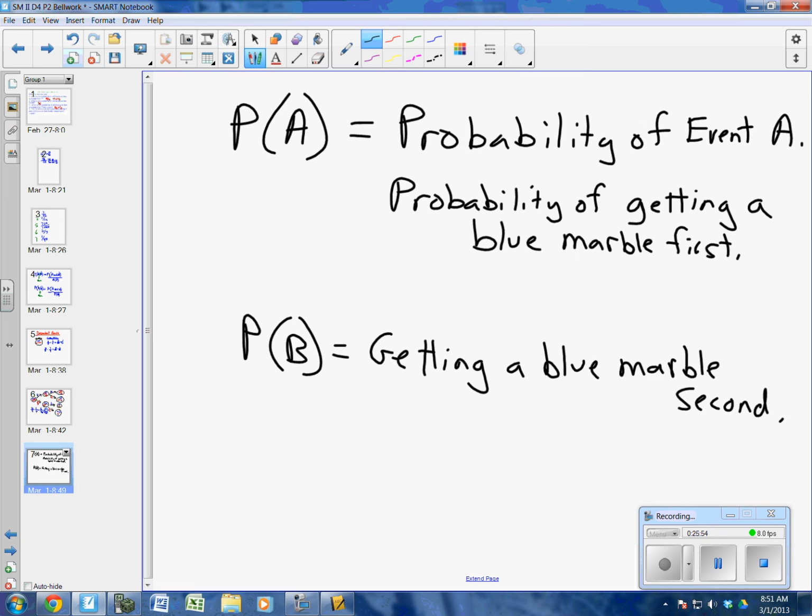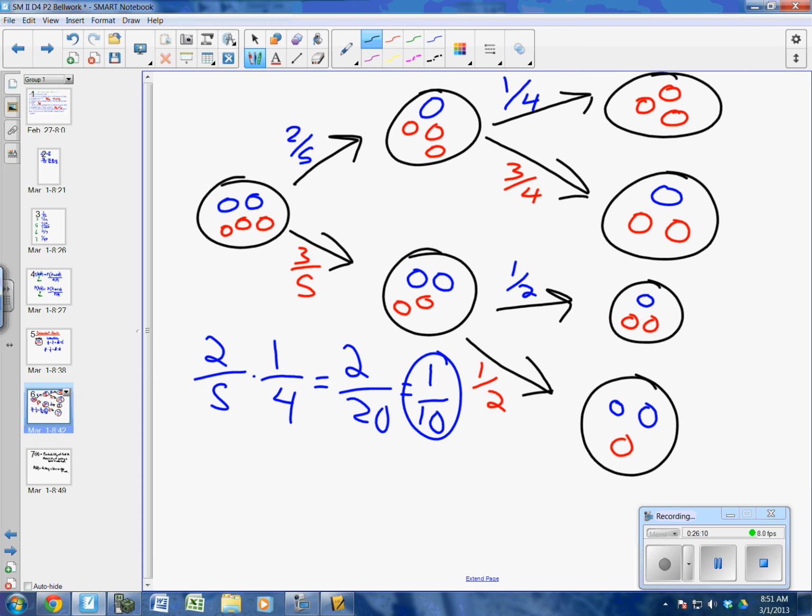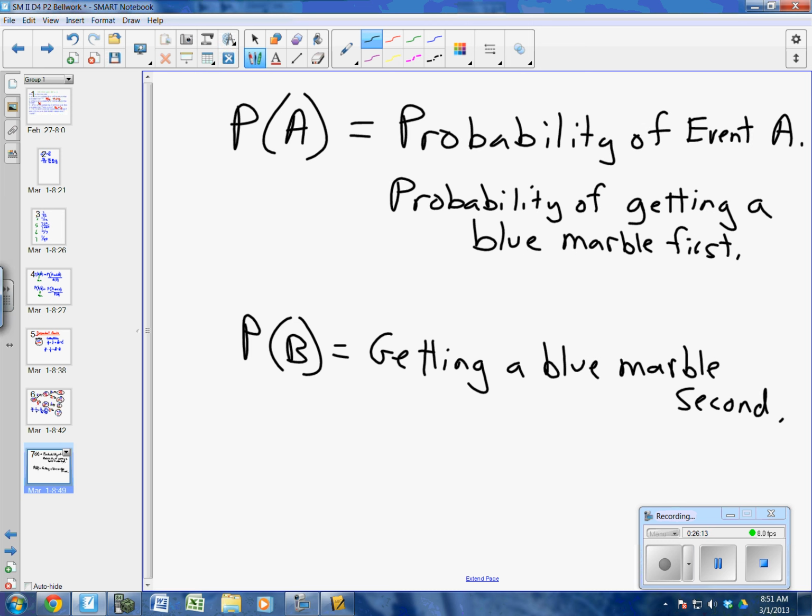Now we already know what this is. It was 2/5 times 1/4, right? Or 2/5 times 1/2, wasn't it? Or wait, what was it? What was on the last one? 2/5 times 1/4. Okay. All right.